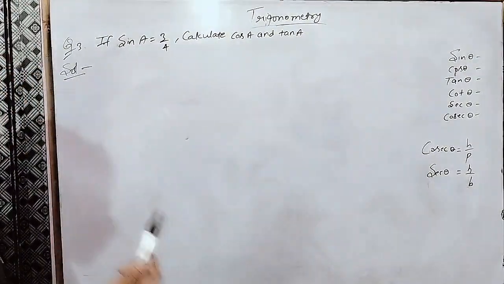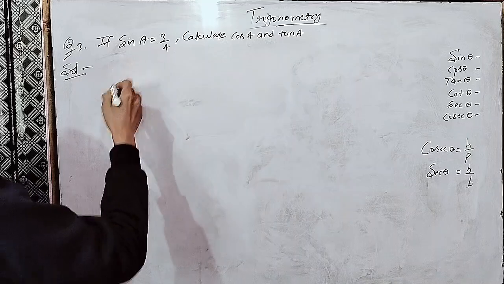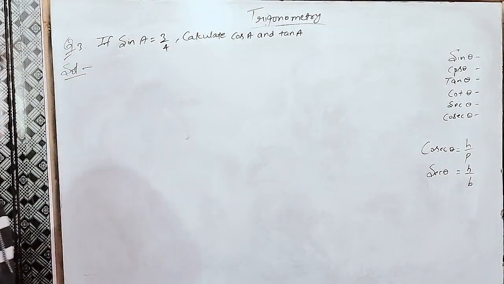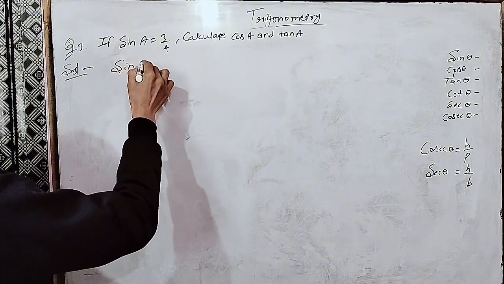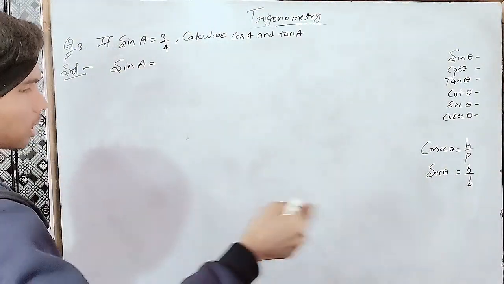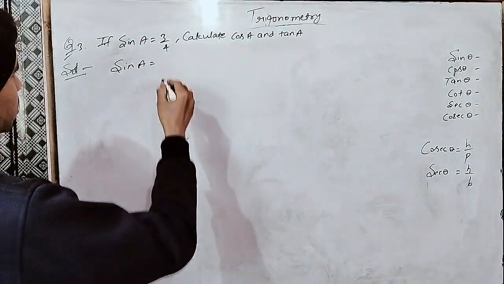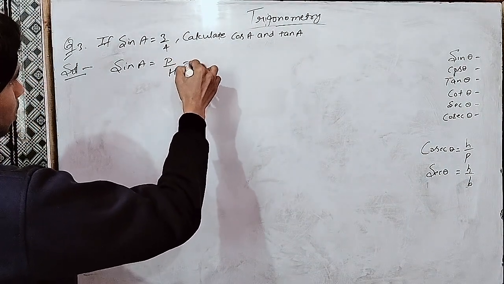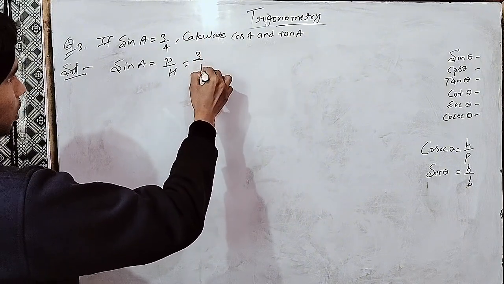Here, the given value, whatever we have been given, we can write in the first step. Sin A is 3 by 4. So sin theta is what? P by H. Like that we wrote.